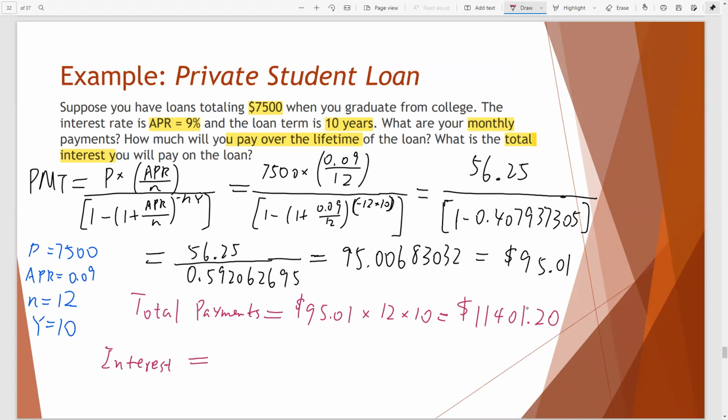And the third question, the total interest you pay, is what? Total payments take away the principal.